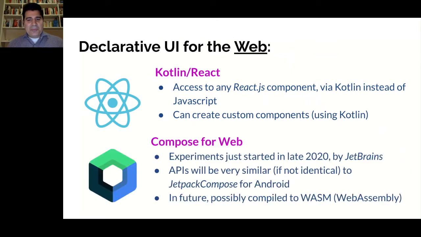But the most interesting perspective is to have Compose for web. That is, we are going to have, hopefully quite soon. Experiments already started late last year by JetBrains. And we expect the API is going to be very similar to Android, to Jetpack Compose.